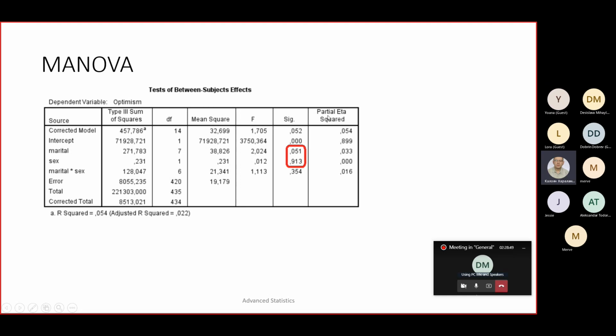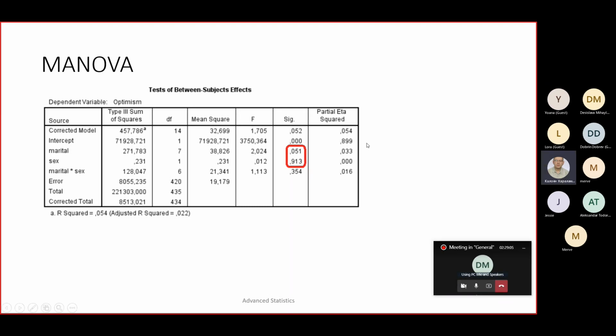But before that, what does partial mean? We already know eta squared, but here we have partial. Partial means under the same conditions.